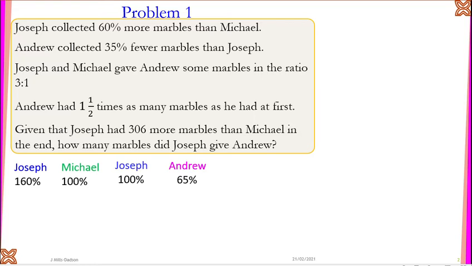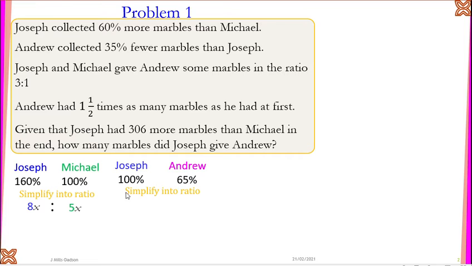It could be multiples of 10, because the ratio setup is going to be in terms of multiples. So if we simplify the first section, Joseph and Michael, we're going to have 8x and 5x. That is 8 lot of marbles and 5 lot of marbles, or 8 units and 5 units, because they are in multiples. So that's the first section.